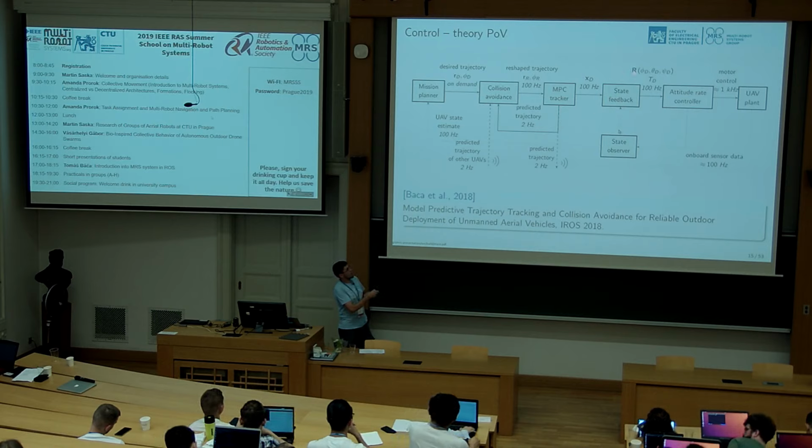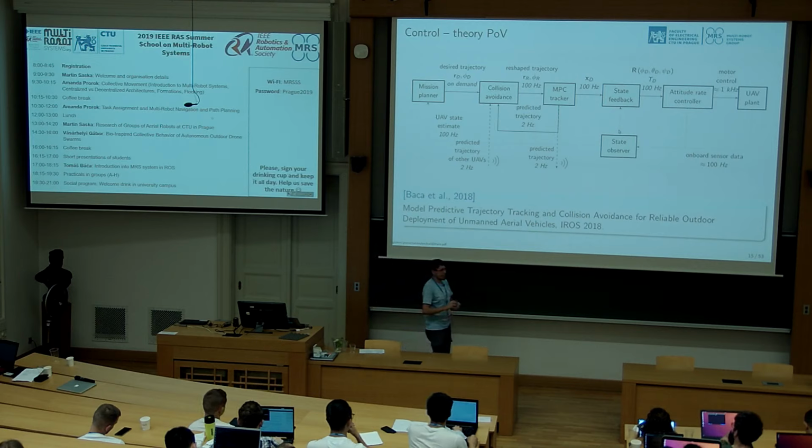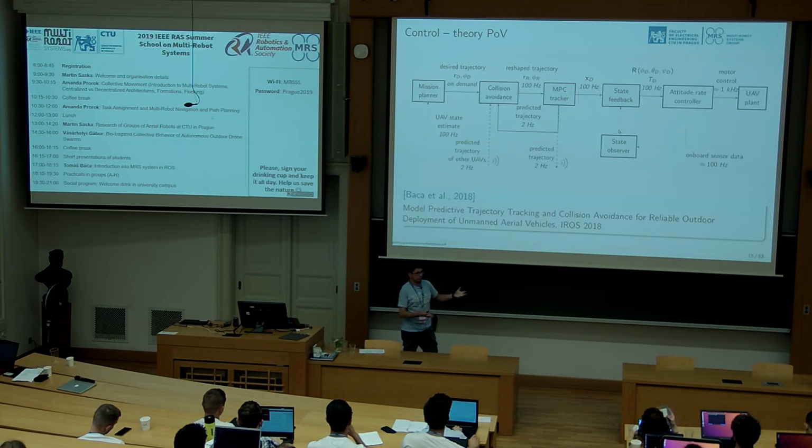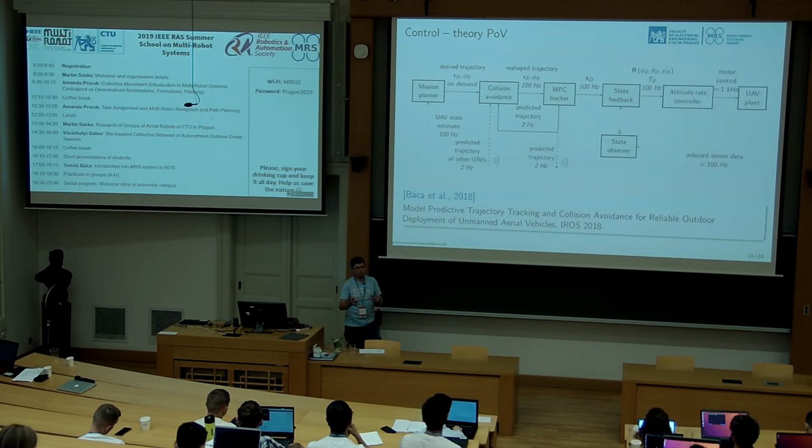We have several of those controllers. Some of them are better for rapid flight and aggressive maneuvers, like the Lee's SO3 controller, 2013. Some of those are better for poor sensor data, because they are robust and can handle poor sensor data, like the MPC plus SO3 controller, and so on. So this is a state feedback controller.